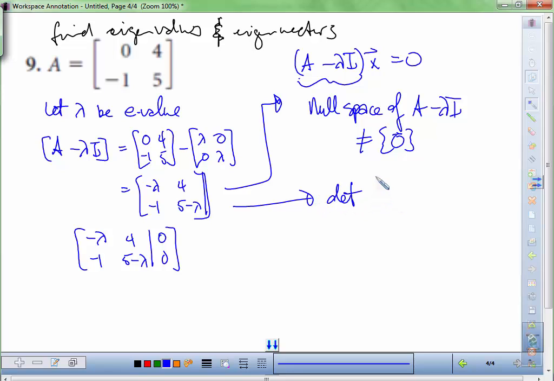So the determinant of this thing. Do you remember how to find a determinant? Well, no, that's the inverse, just the determinant. So not 1 over. The 1 over part is for the inverse. So AD: minus lambda times 5 minus lambda, and then negative of this.